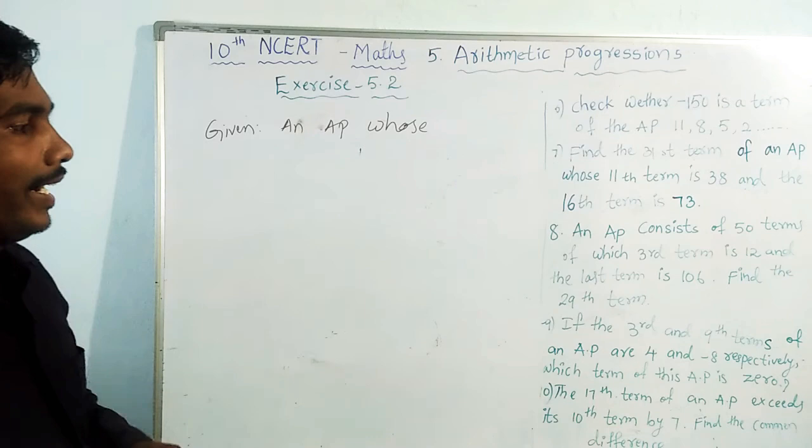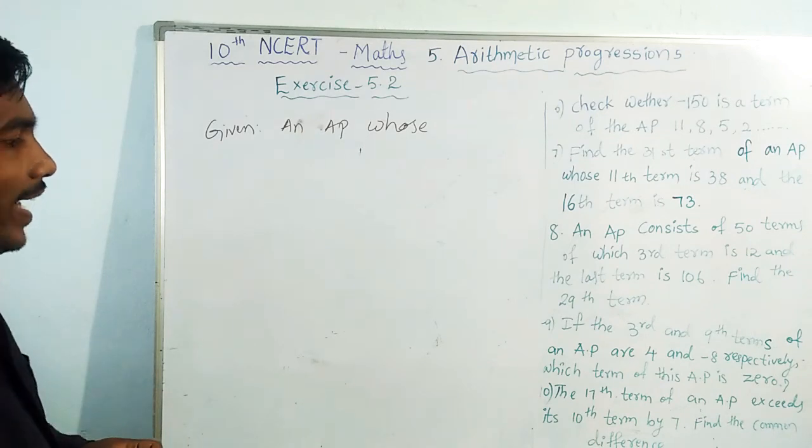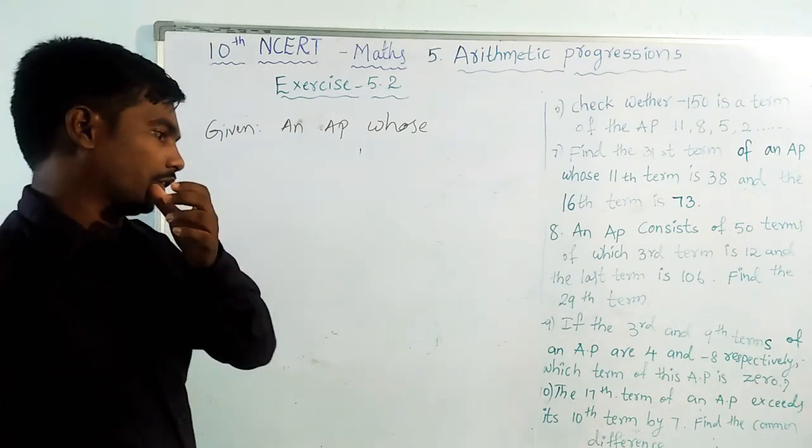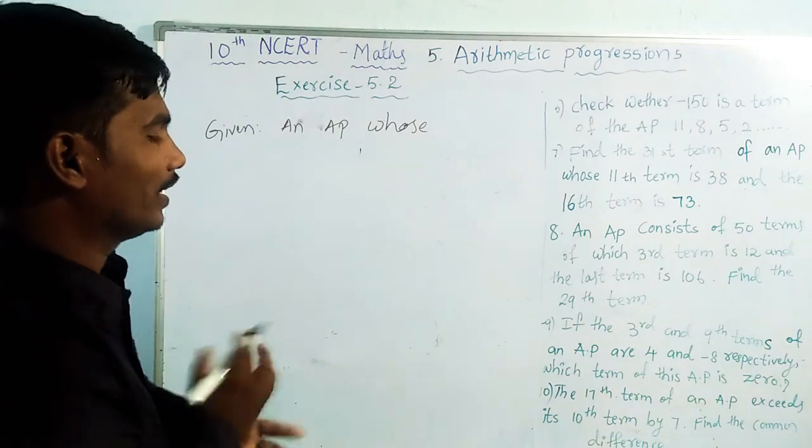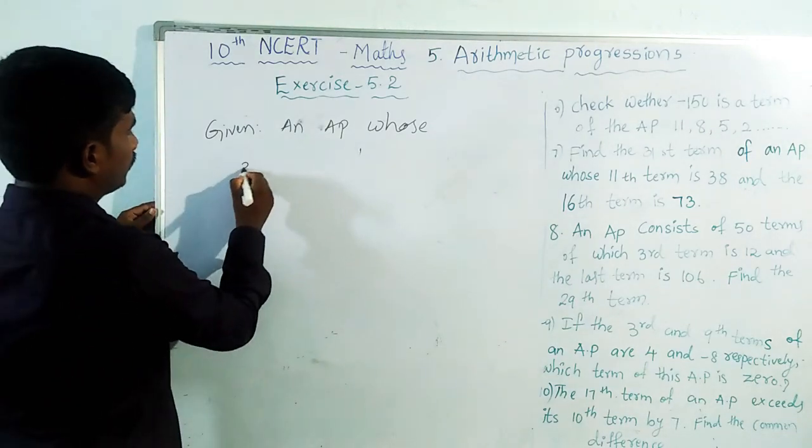If the third and 9th terms of an AP are 4 and minus 8 respectively, which term of this AP is 0? Yes.